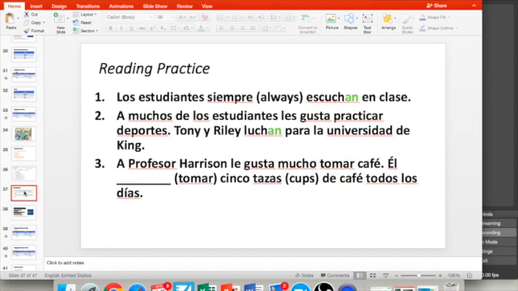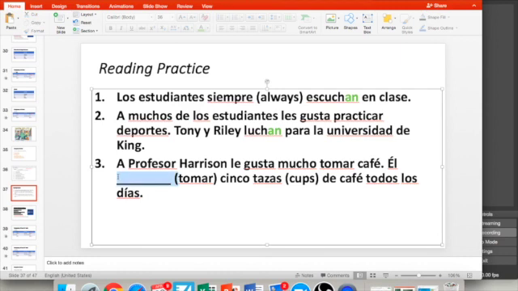Okay, and number 3, a Profesor Harrison le gusta mucho tomar café. Professor Harrison really likes to drink coffee. Él, tomar 5 tazas de café todos los días. So we're saying that he drinks 5 cups of coffee every day. So we need to take the verb tomar and conjugate it by taking off the AR.